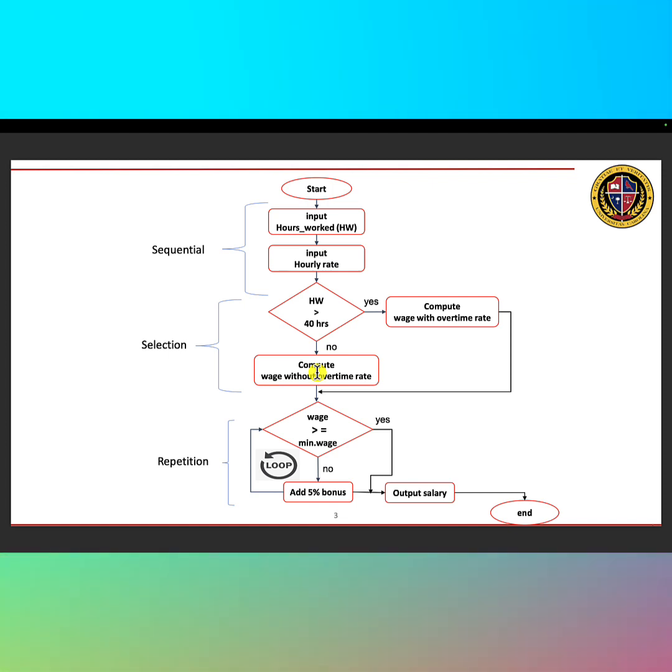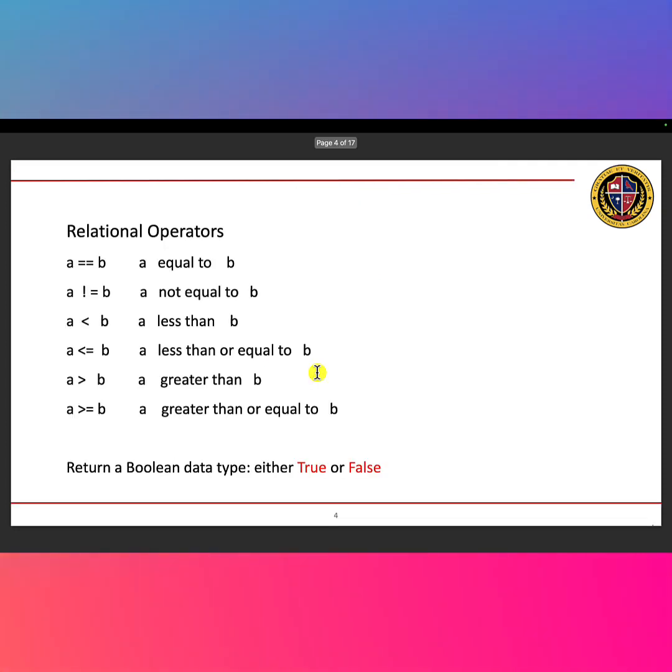So how will we compute or perform conditions that are of Boolean values? We have different relational operators. These tell us the relation between two conditions.